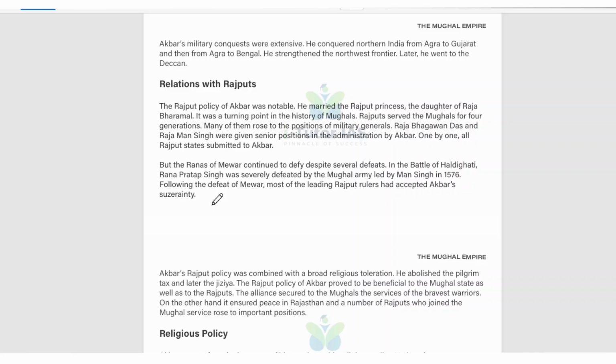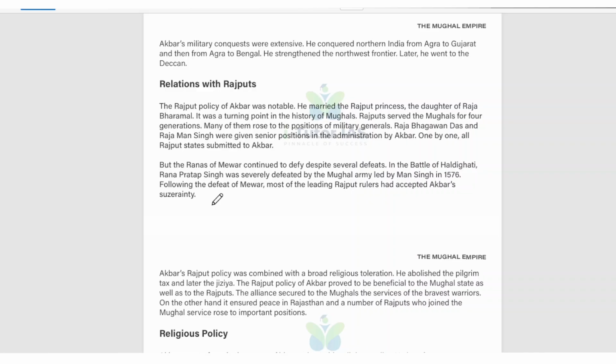It was a turning point in the history of the Mughals. Rajputs served the Mughals for 4 generations, and many of them rose to the position of military generals. Raja Bhagwan Das and Raja Man Singh were given senior positions in the administration by Akbar.